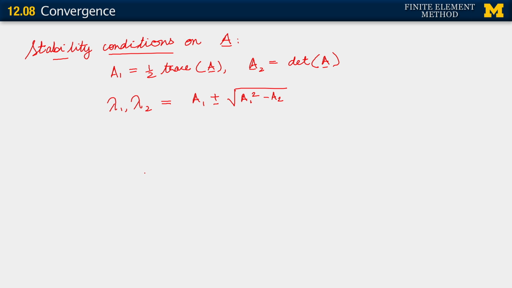And then we impose conditions that lambda 1 and lambda 2 need to be less than or equal to 1. And we've also understood when they have to be strictly less than 1. All right, so these are the stability requirements.